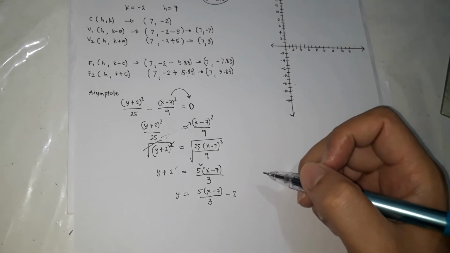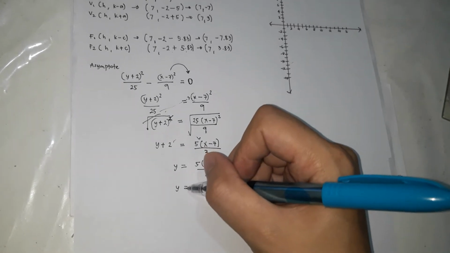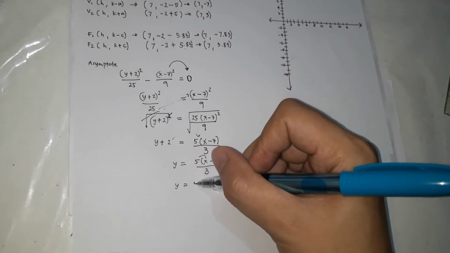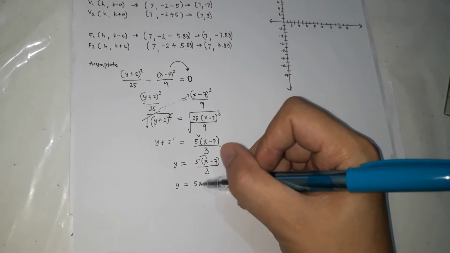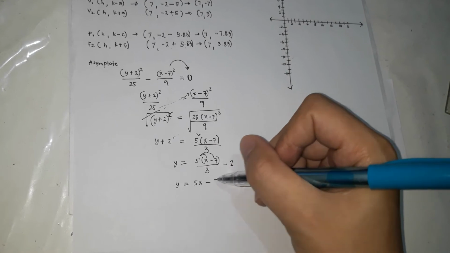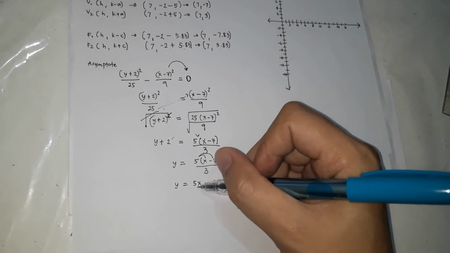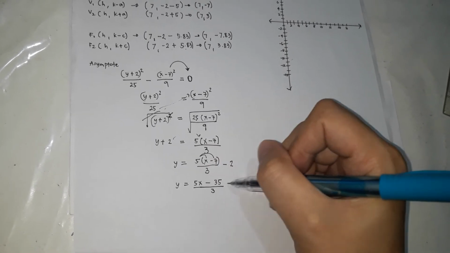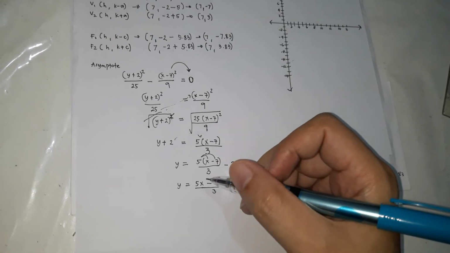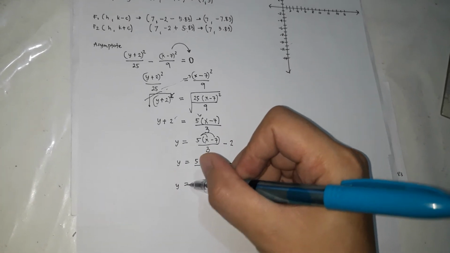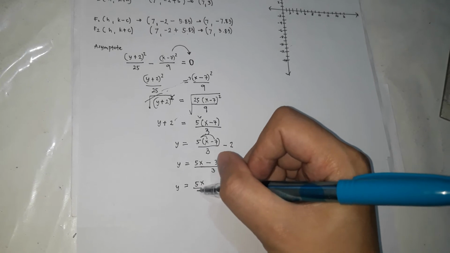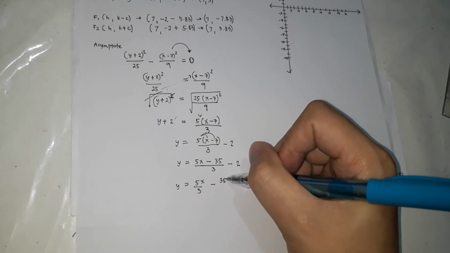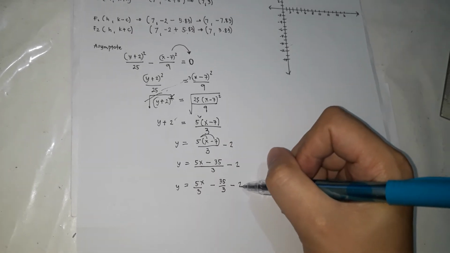You could simplify this more. Y is equal to distribute 5x, distribute, minus 35 over 3 minus 2. You could rewrite this as 5x over 3 minus 35 over 3 minus 2.